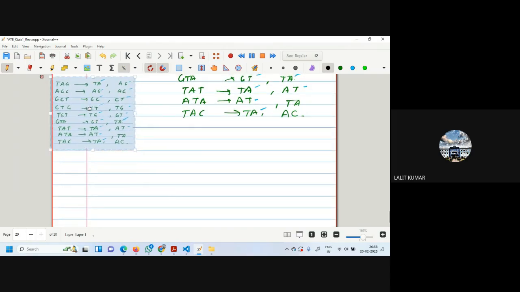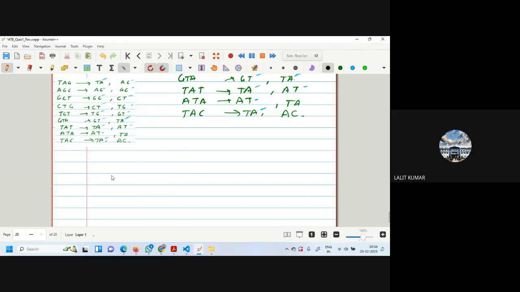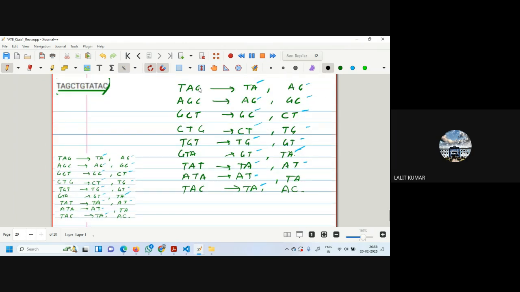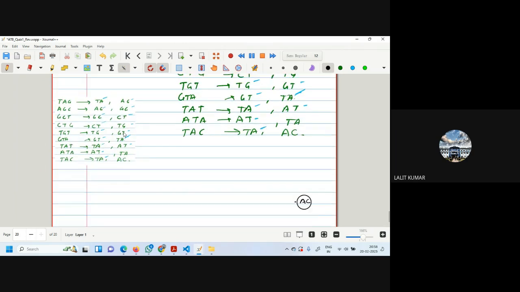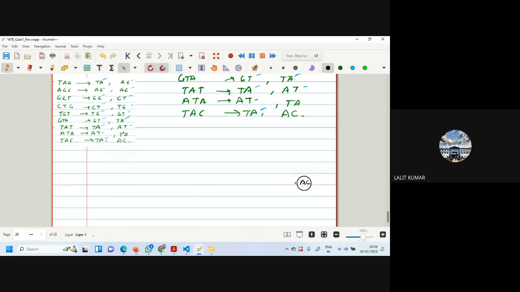Okay. So how do we build the graph? We write AC here first. And can we start with TA, because it is in the starting? So we write here, for example, TA. From TA, we go to AG, so this we have covered, TAG.